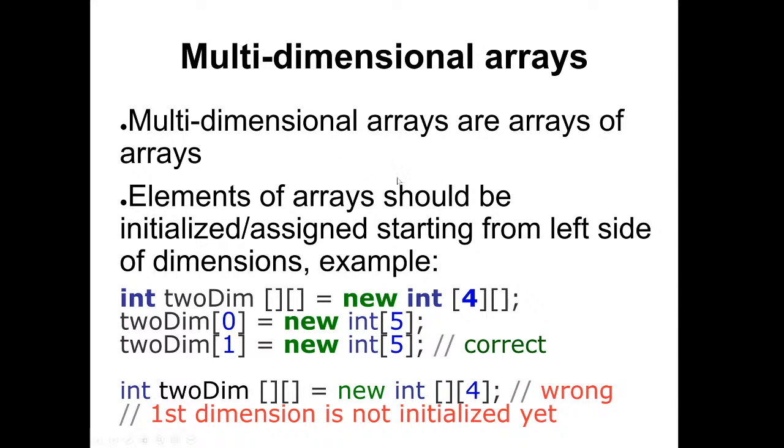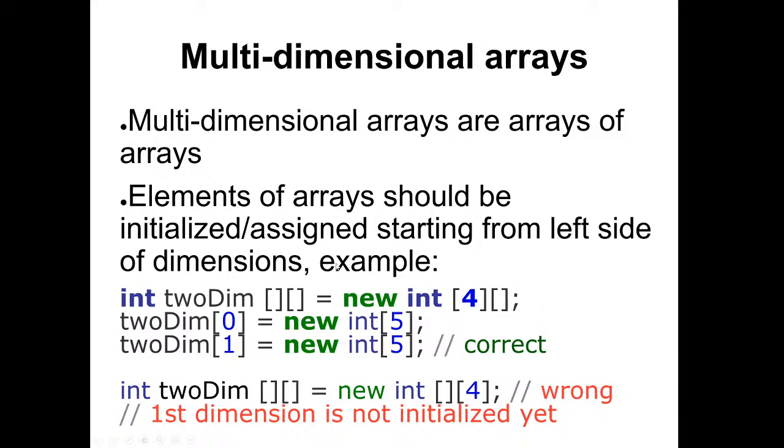Every row has its own list of columns. This is the way two-dimensional arrays are stored in memory, right? Yes, as again, all the elements should be initialized.